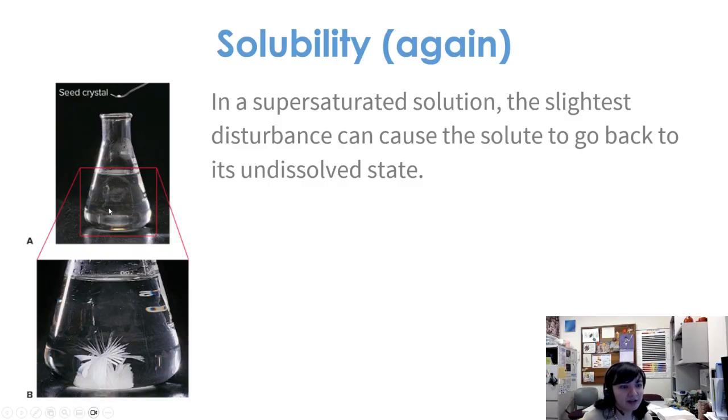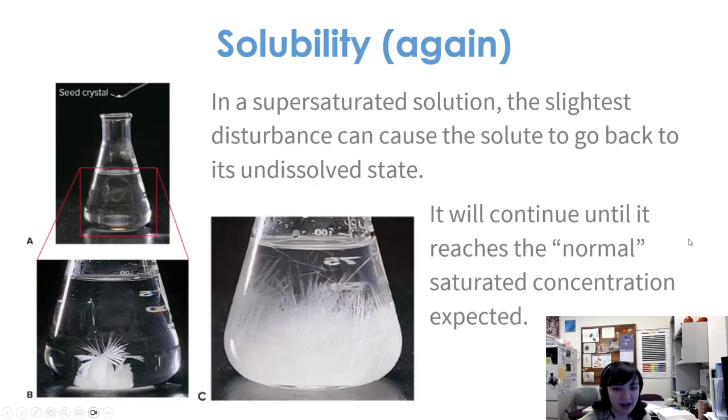That's shown in this first figure, where I have a supersaturated solution. It looks all fine and homogeneous, with no problems in it, but dropped into it is just one little seed crystal. That reminds all of the solute in that solution to get in line and start making all of these crystals as a result.